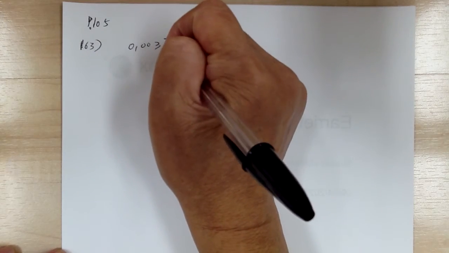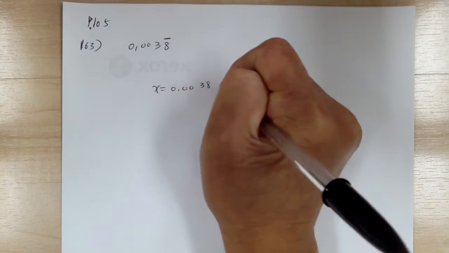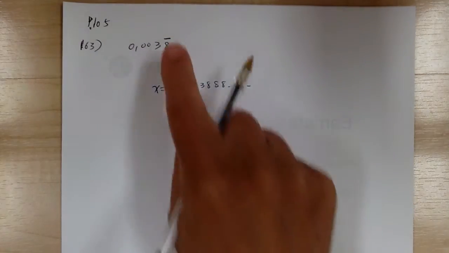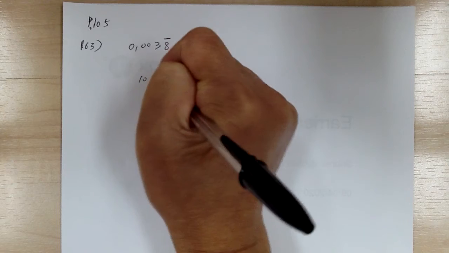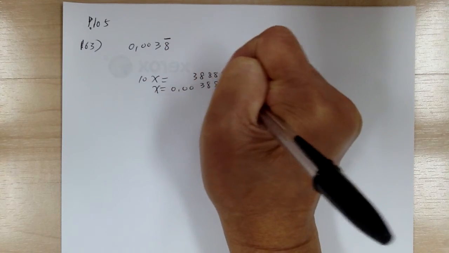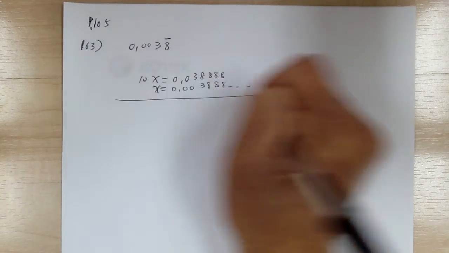So that's only one digit repeating, so let x equal 0.0388888 and so on. Now that's only one digit repeating, so you want to shift over one place, and therefore you have to multiply by 10. So you're going to get 0.38888. So make sure you line up the digits carefully.